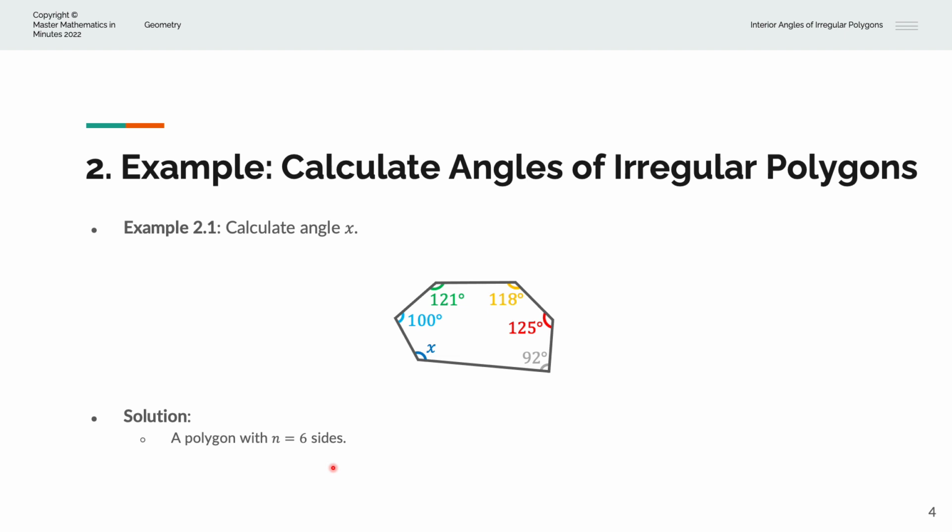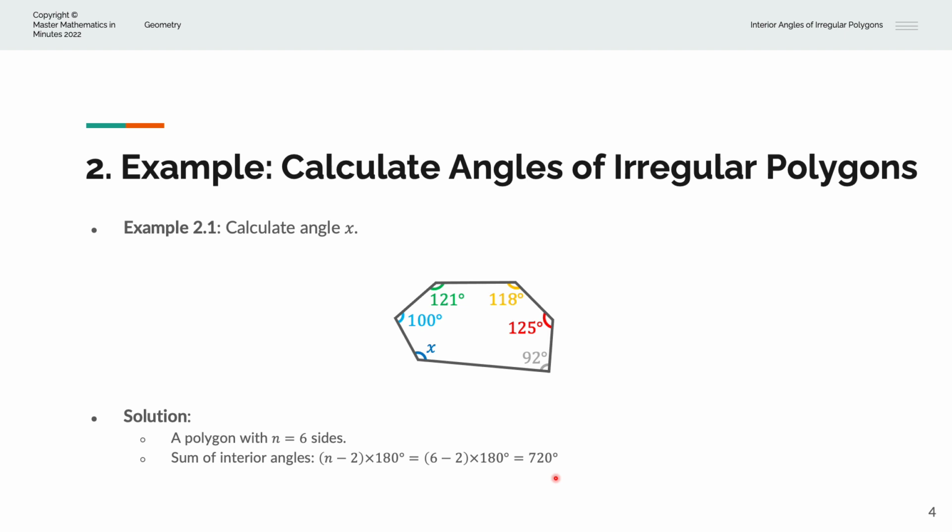And we're able to calculate the sum of the interior angles as n minus 2 multiplied by 180 degrees. And we will substitute n with 6. And that becomes 6 minus 2 multiplied by 180 degrees. And that gives us 720 degrees.